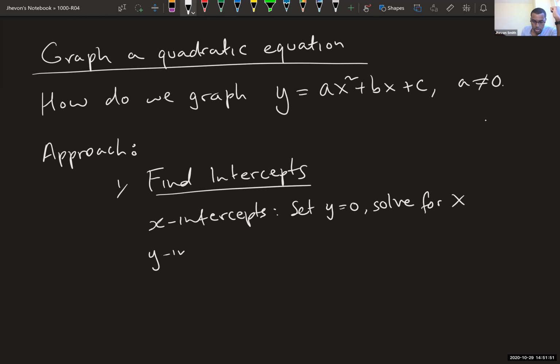The y-intercept, well, there's only ever going to be one y-intercept for a function, right? Now we know that a quadratic is a function, and functions pass the vertical line test, so it can only pass along a vertical line once. So there's actually only going to be one y-intercept. And for this, you set x equals 0, solve for y.